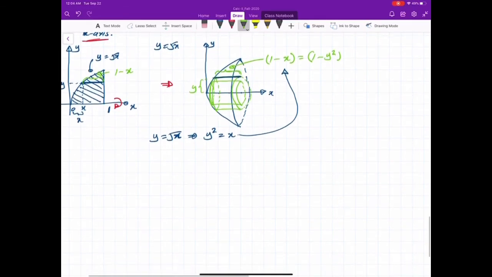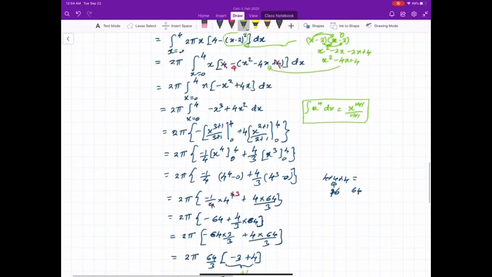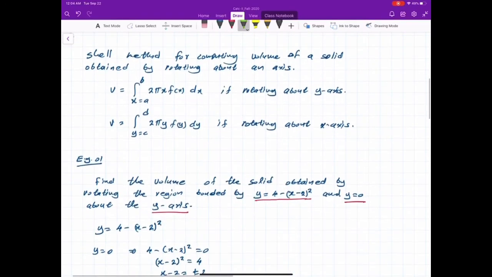All right, now you use integration here. The corresponding formula is given right over there. This is the case of rotation about the x-axis, so that is that. So you could use that formula.